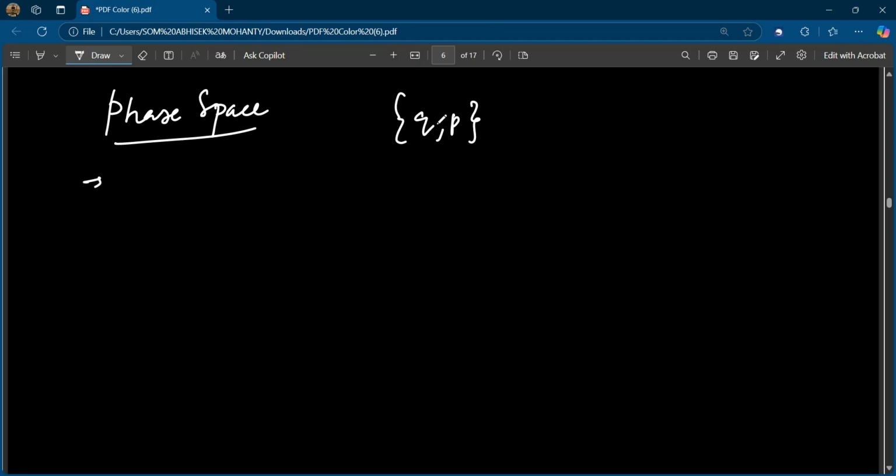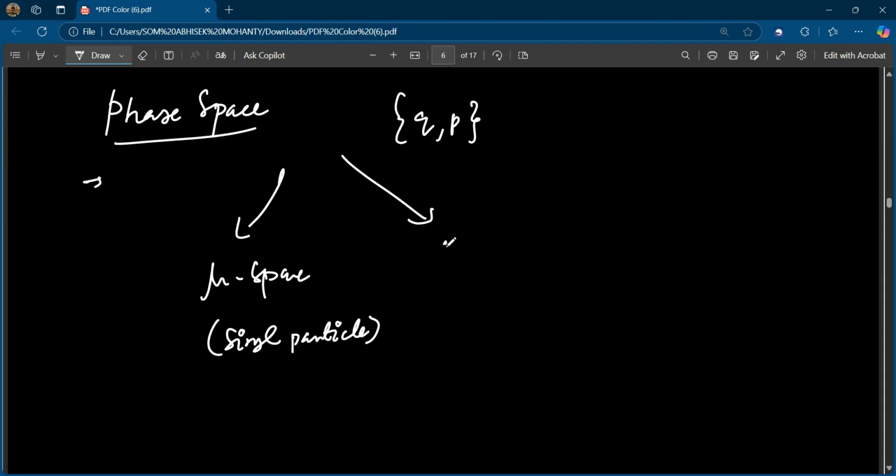Phase space is again divided into two parts. First is the mu space, which is for a single particle, and there is the gamma space, which is for N particles.